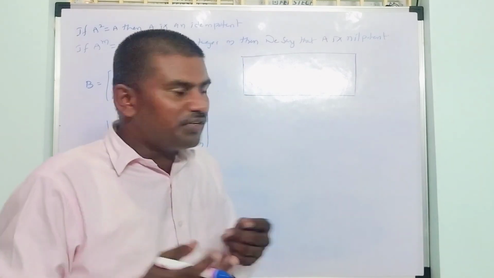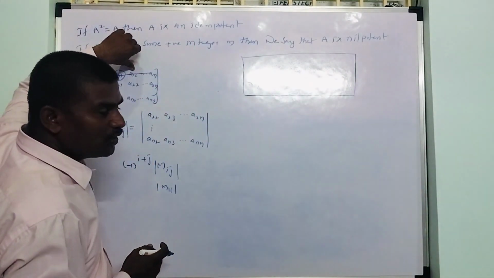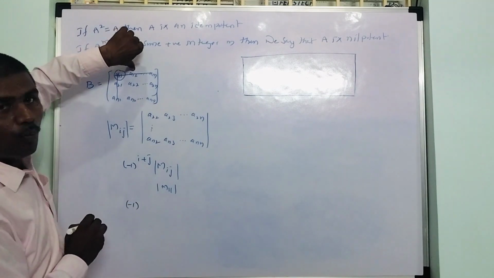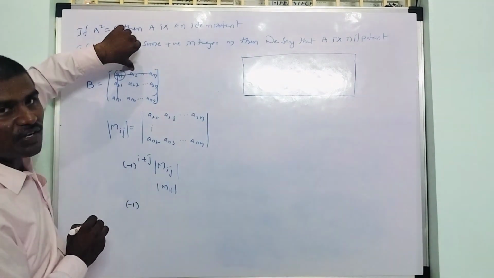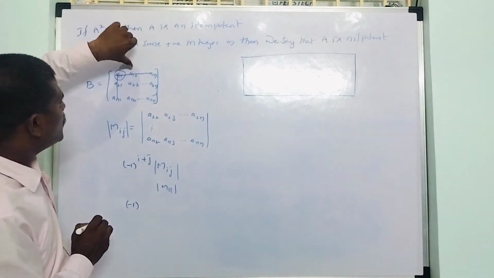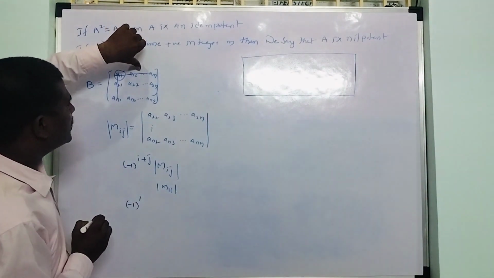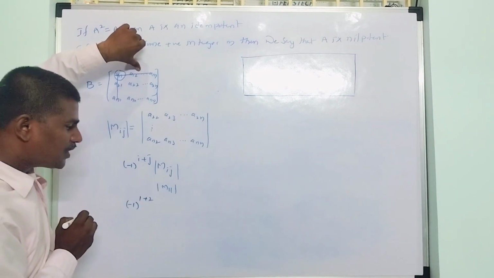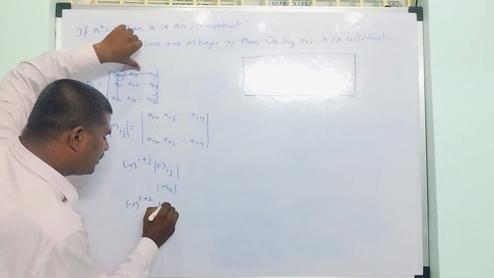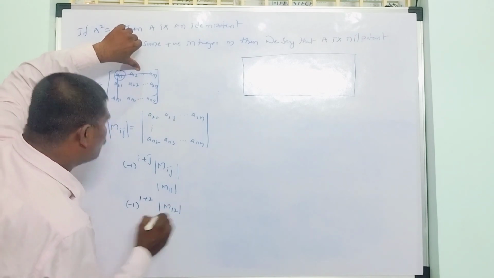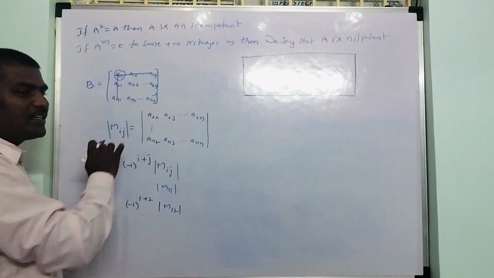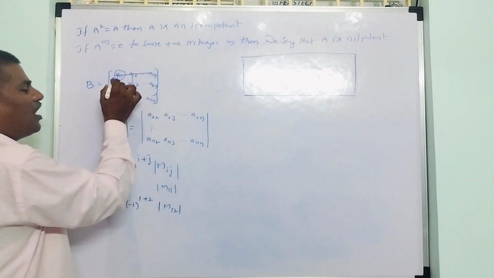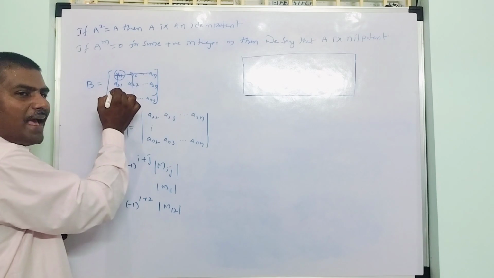If you wish to find the cofactor of A12, then this will be minus 1 to the power of 1 plus 2. This is in the first row and second column, so the i value is 1 and the j value is 2. So minus 1 to the power of 1 plus 2 into the determinant of M12. M12 means you exclude the first row and second column, but the first column will be as it is.